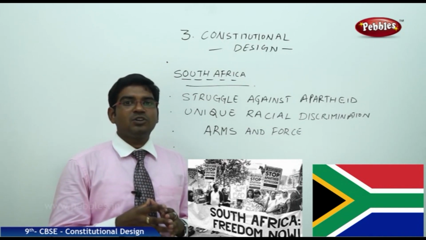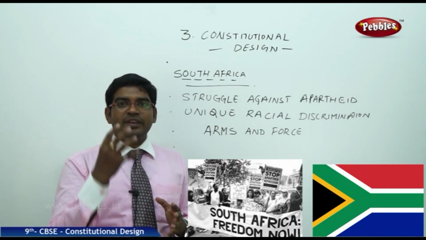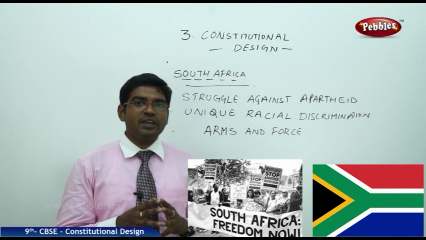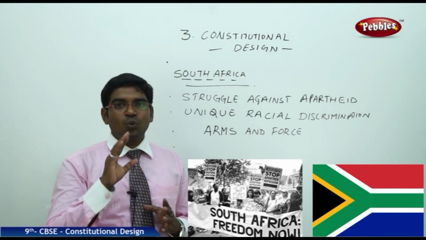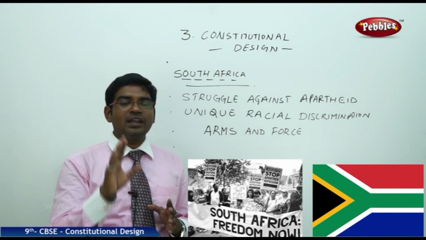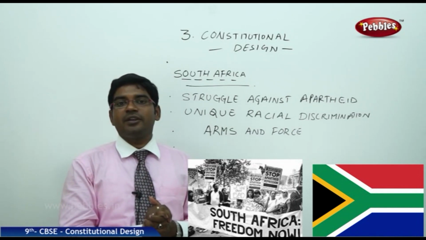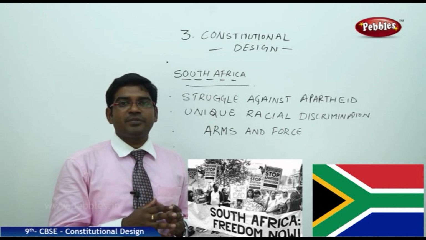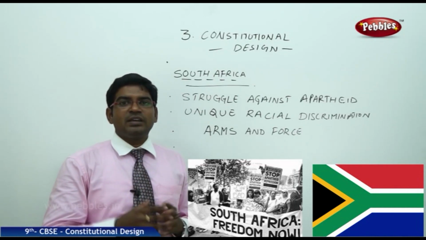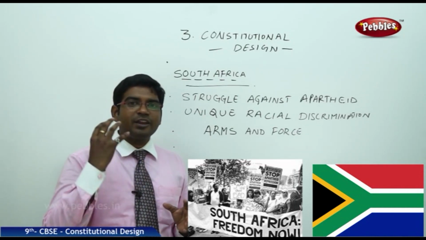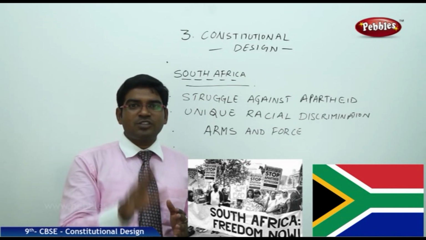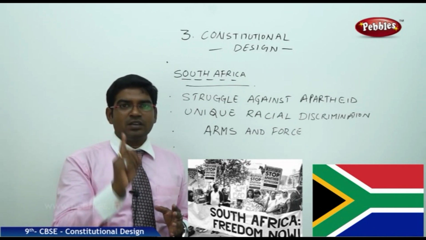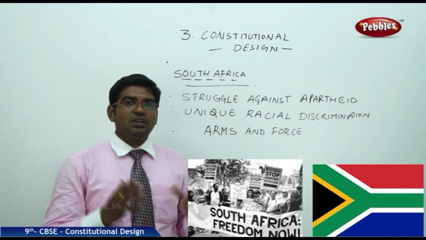Nelson Mandela was imprisoned. Many other leaders who raised their voices against this were imprisoned or sometimes deported from the country. Many people were tortured, many people were killed. The government took all the repressive methods to suppress the voices of the Africans.